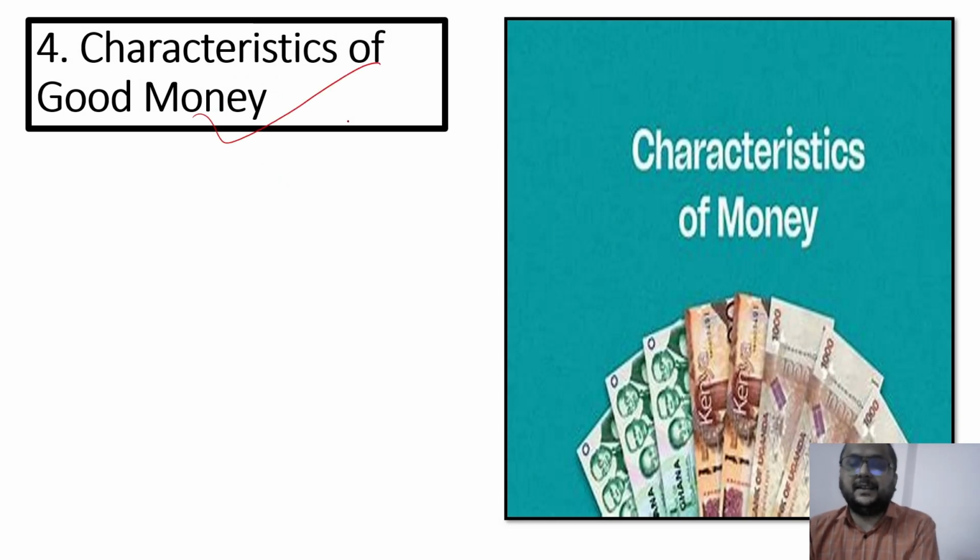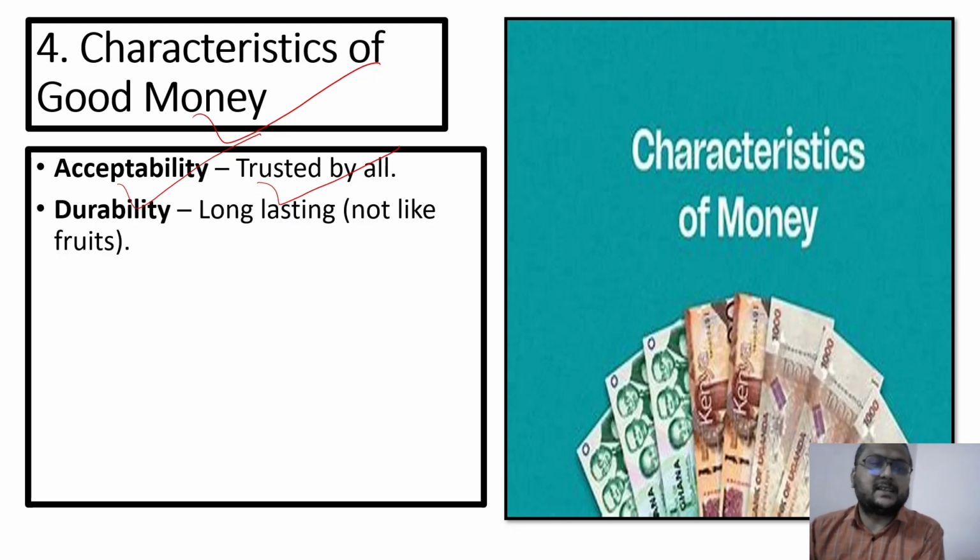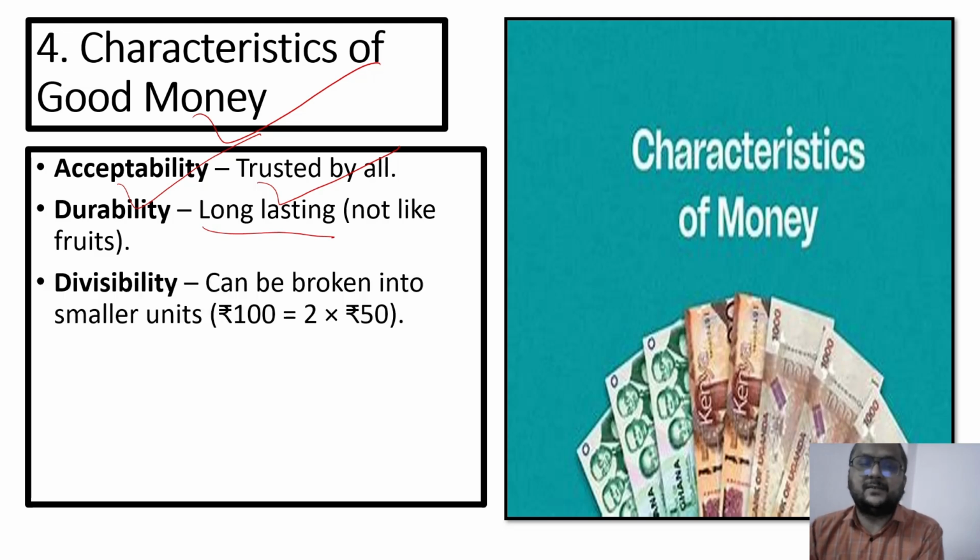In order to be good money, what characteristics are needed? The first characteristic is acceptability. It must be trusted by all. Next is durability. It should be long lasting, not like fruits which are perishable. Next is divisibility. It can be broken into smaller units, like rupees 100 can be divided into two parts of 50 rupees each.